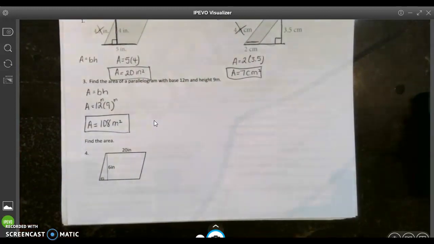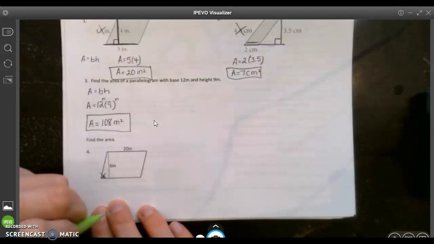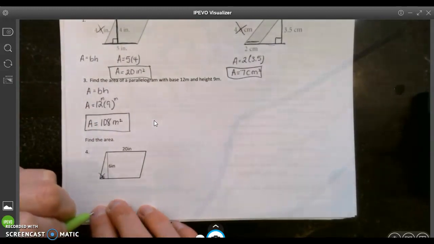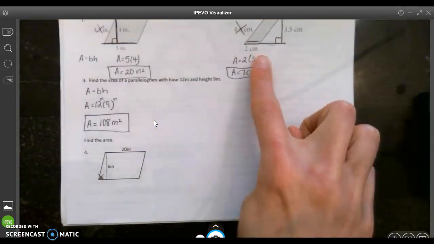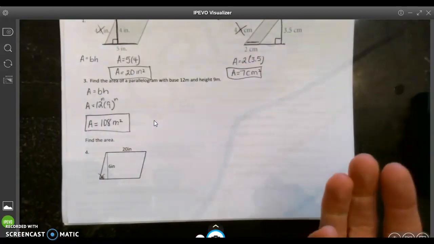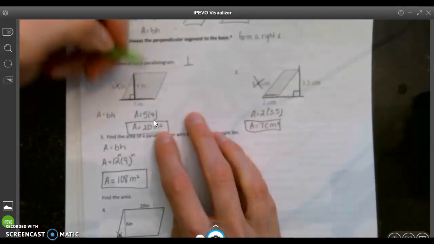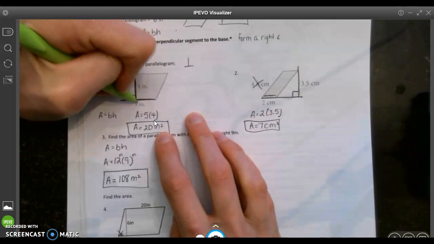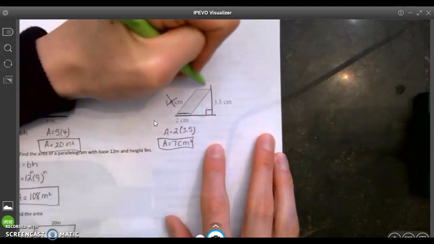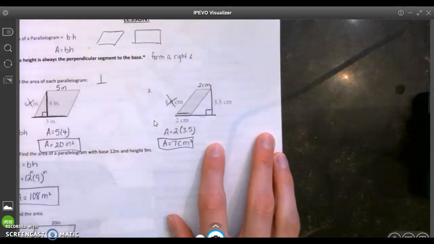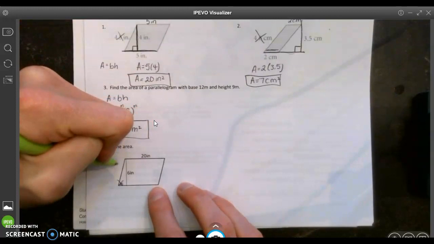And then something that you'll see sometimes also as extra information is an angle measure. We don't care about angle measures. We only care about bases and heights for parallelograms. So far our base has been on the bottom because that's where it's been sitting. But remember, in a parallelogram, the bottom is congruent to the top. So if that's 5 inches, this is 5 inches. If this is 2 centimeters, this is 2 centimeters. So down here, this is the base.